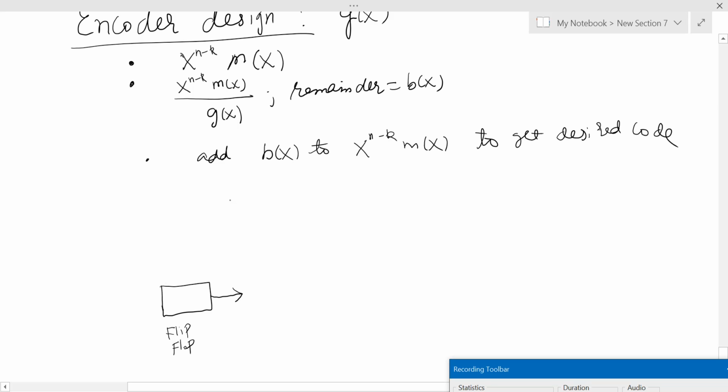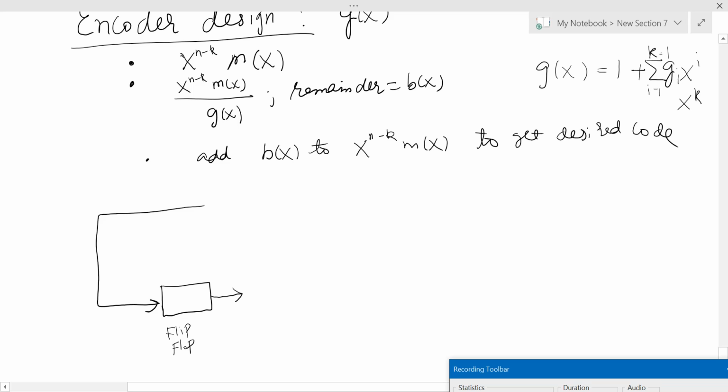The first term of the generator polynomial is 1. So there will be a connection here. Then the second term is summation g i x to the power i, i equal to 1 to k minus 1.